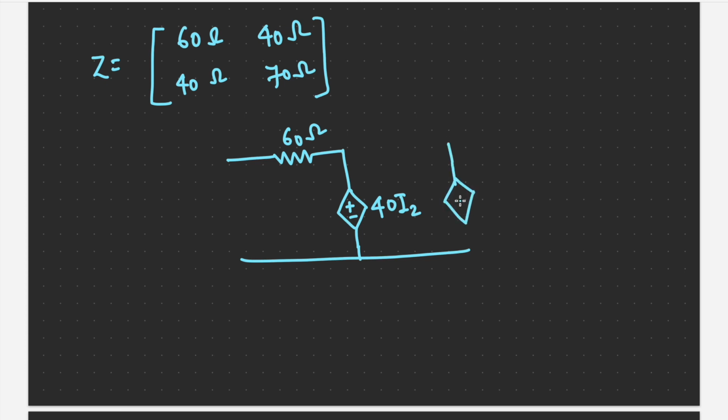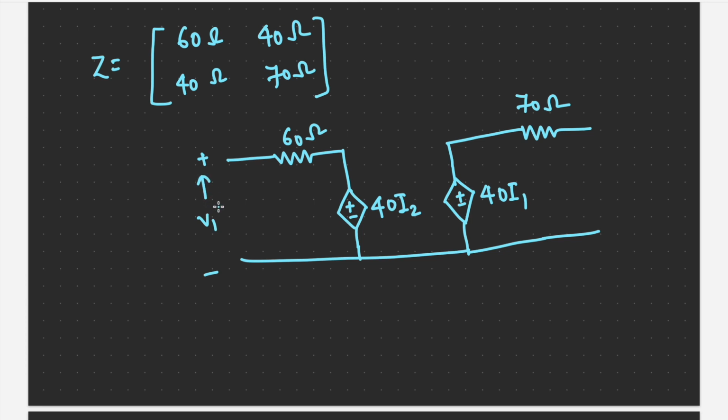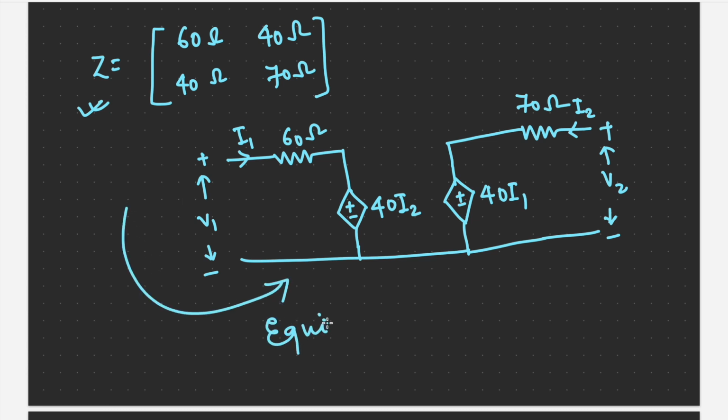Here also we can draw a dependent voltage source, and this is 40 I1, and then we have a resistance which is 70 ohm. The voltage here is V1, the current through this is I1, the current through this is I2, and the voltage here is V2. So this is how we find Z parameters and plot the equivalent circuit.